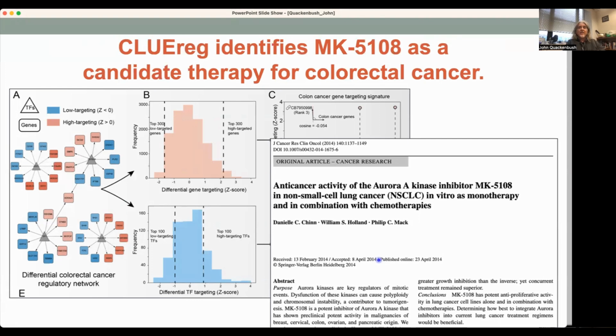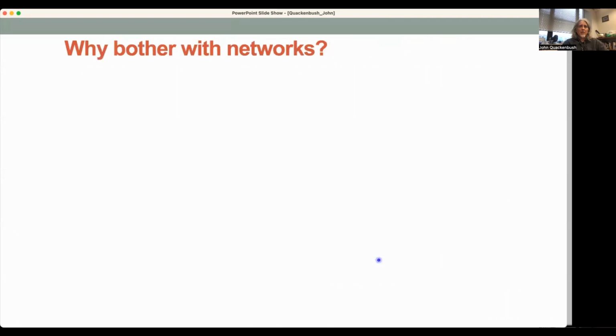And it suggested that this drug may in fact be a good therapeutic candidate for treating lung cancer. So we can start to tease out approaches that will allow us to repurpose drugs and change their applications or change their clinical use, really by looking at not just alterations of expression, but alterations in networks.